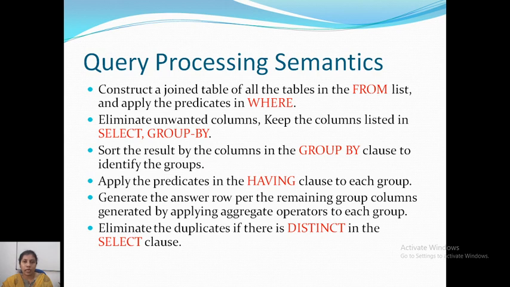Suppose you have some condition on the group, then that will be executed. Then generate the answer row for the remaining groups by applying aggregate functions. For each group you apply some aggregate function, generate the row, and eliminate duplicates if there is a distinct in the select clause. If you have the distinct keyword mentioned in the select clause, then remove the duplicate values.